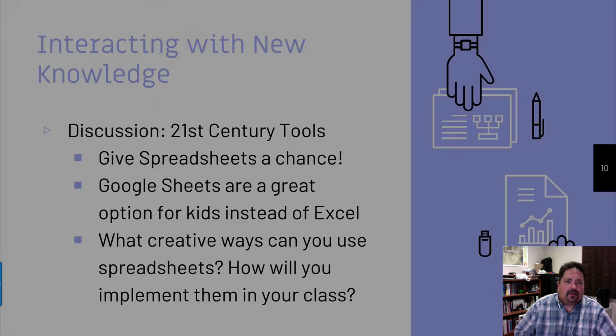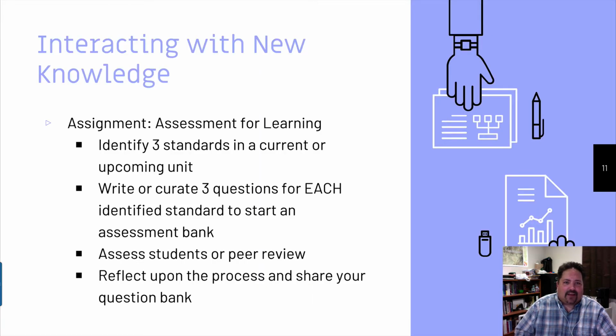Thank you, Brandon. And then lastly, the assignment is assessment for learning. So we're going to have you work on building a formative item bank this week. You're not going to write a giant question bank. Just get in and start writing. We want you to go out to the core documents on uen.org or wherever you have the standards that you're teaching.